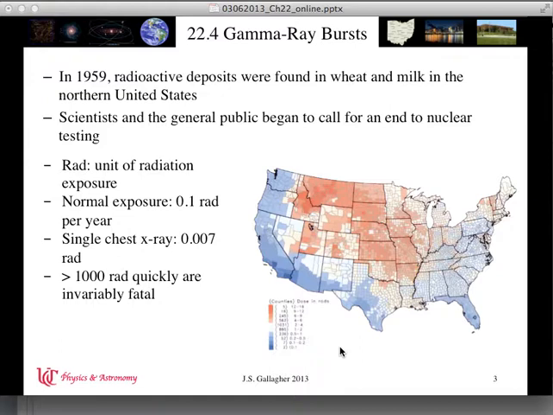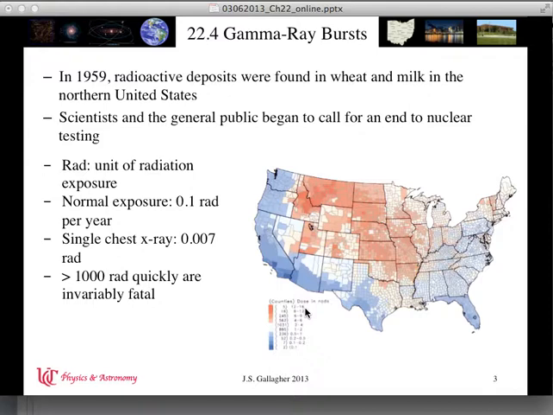What you can see is for the heaviest states, the states with the most radiation exposure, they were exposed the equivalent of 12 to 16 rad. And to give you some idea of that scale, a normal exposure, this is just due to naturally occurring radioactive species, is about 0.1 rad per year. So the nuclear testing was actually having a considerable impact over what the average would be in a normal situation.